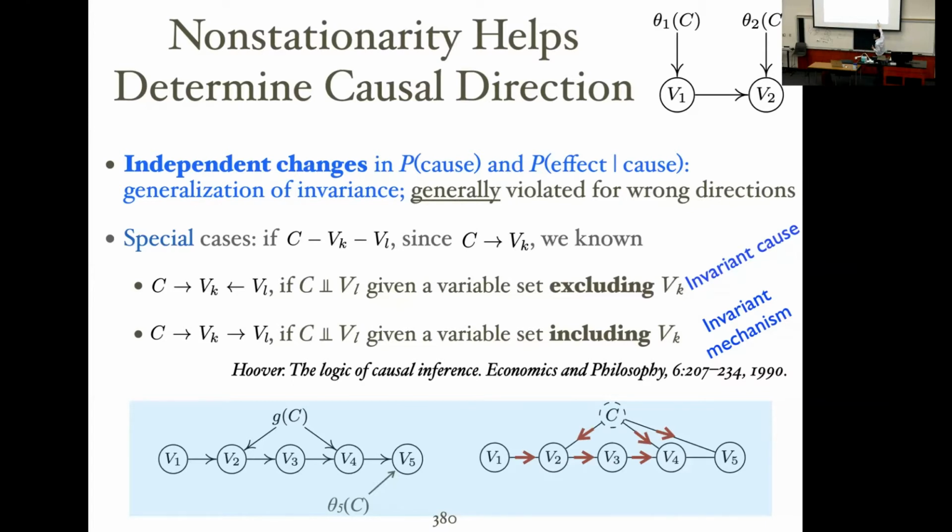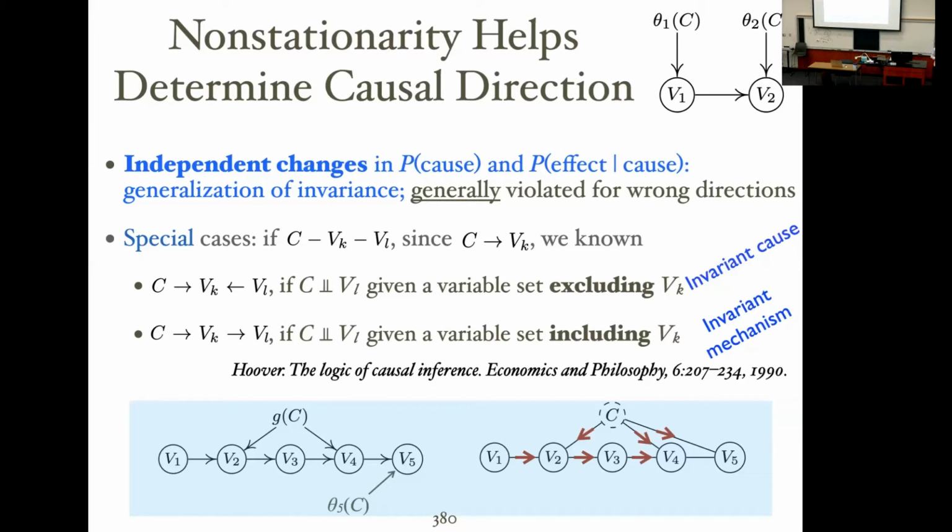As long as this guy is adjacent to this guy, that means given anything, they are conditionally dependent, meaning that this one must point to this guy, meaning that this kind of surrogate must be part of the causal mechanism for that guy. So the mechanism will change.